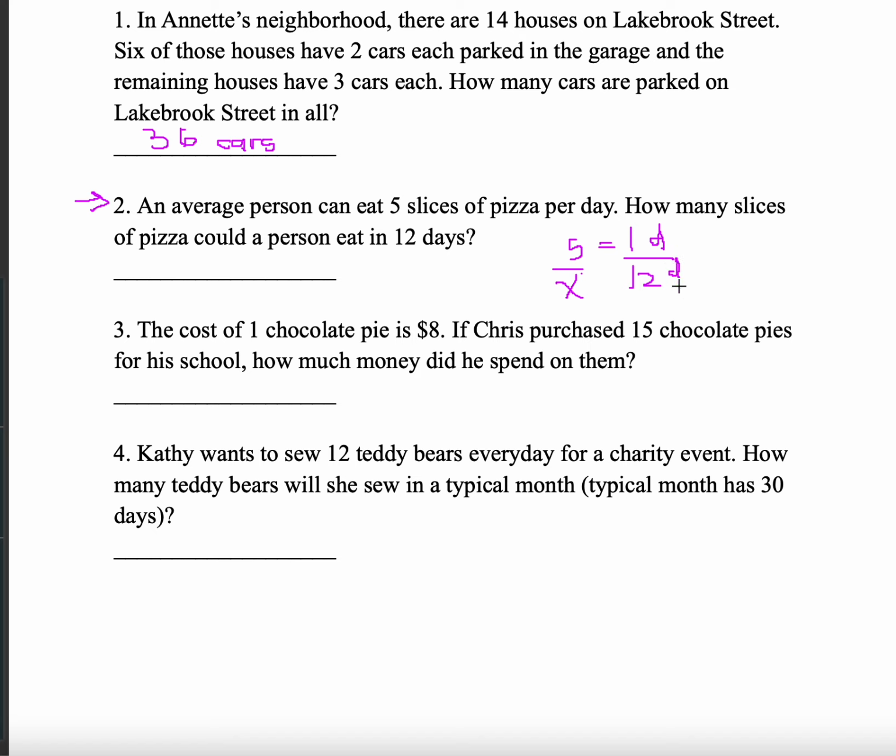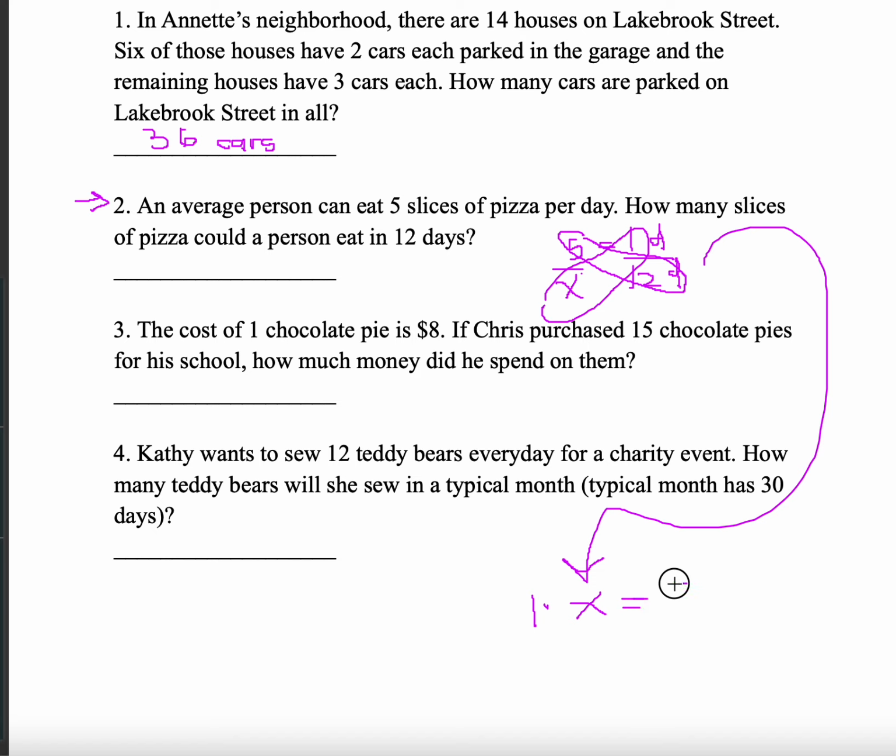So to do this, we can go down here where I have more space. We have to cross multiply. So like this. Cross multiply. So we're going to have 1 times X equals 5 times 12. Divide both sides by 1, so this cancels out.